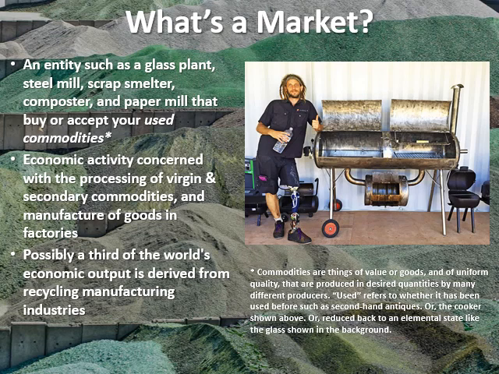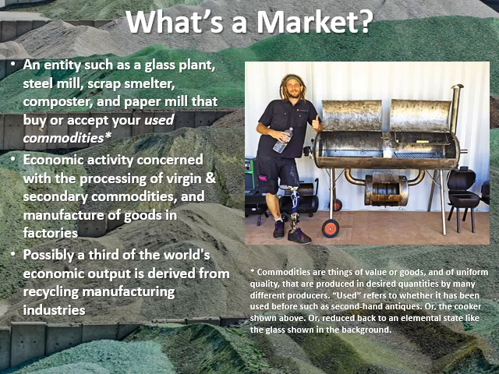The individual showing the cooker created that, it looks like out of a water heater, and added a few other attachments, and then he's got a cooker. So that in effect becomes a used commodity.